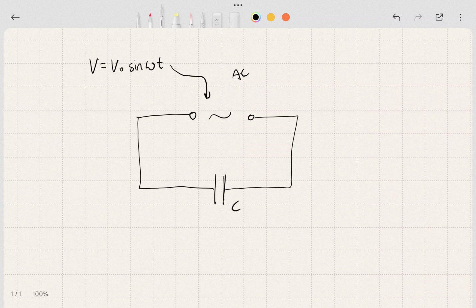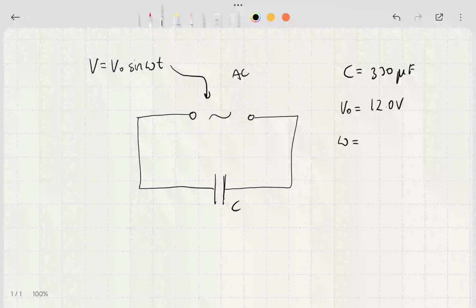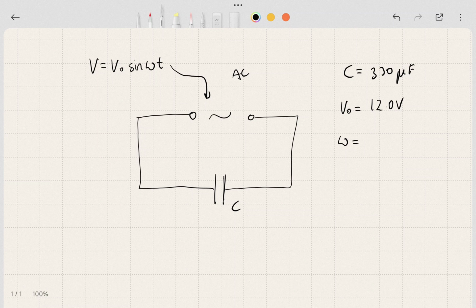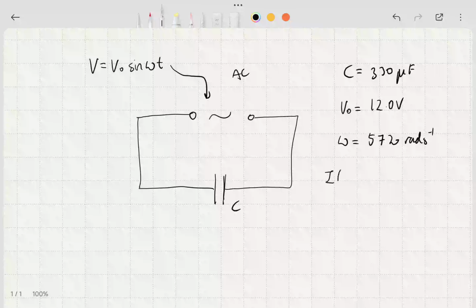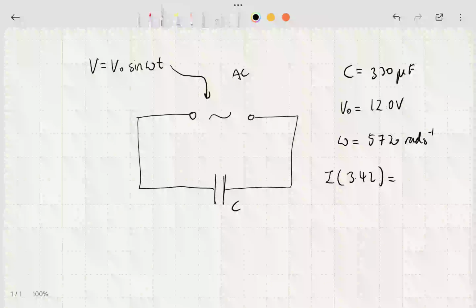We have a capacitor, capacitance C, and we're given C is equal to 330 microfarads. V0 is equal to 12.0 volts, and omega, the angular frequency, is equal to 5,720 radians per second. And we're asked what is the magnitude of the current flowing at t equal to 3.42 seconds.